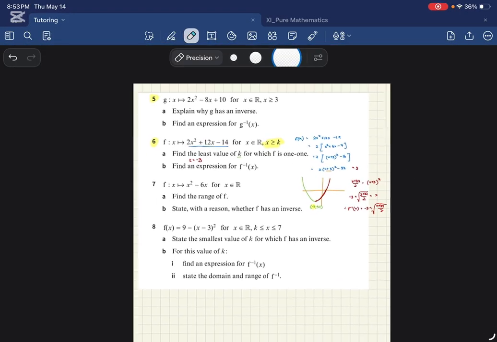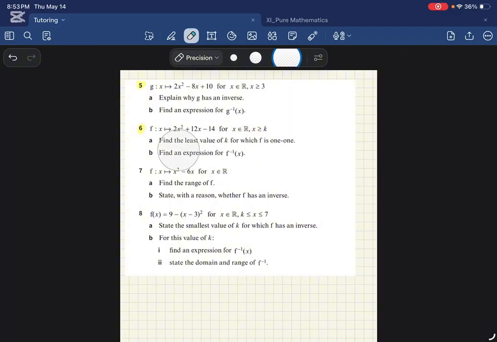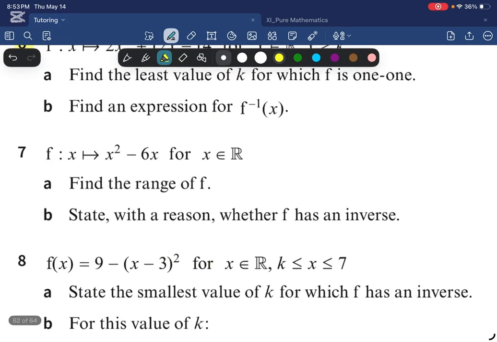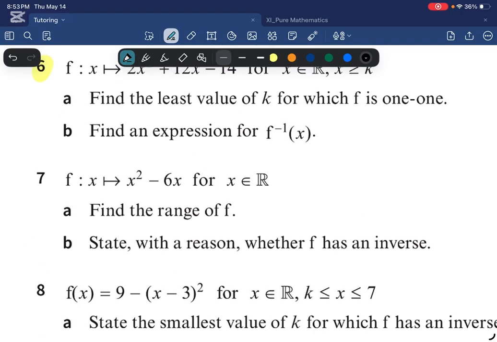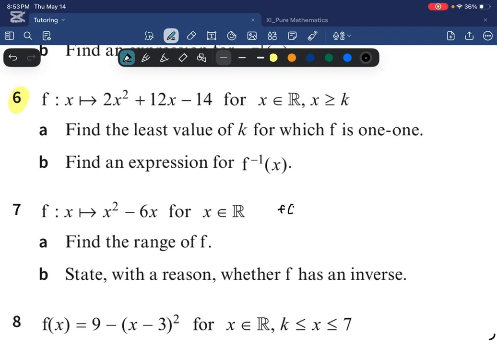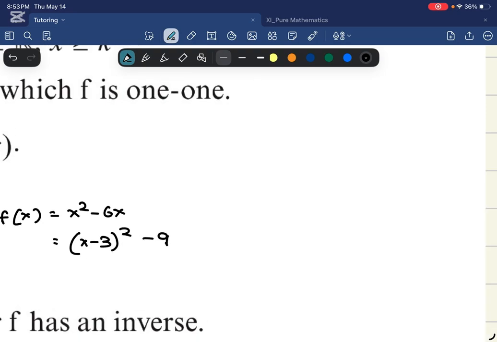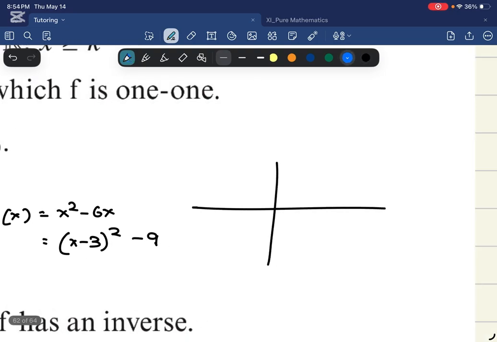All right. So moving on to question 7. Find the range of f. So we are given a function. f of x is x² − 6x, which can be written as (x − 3)² − 9, right? And we can plot the graph.